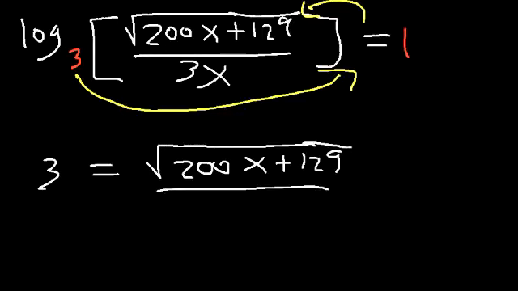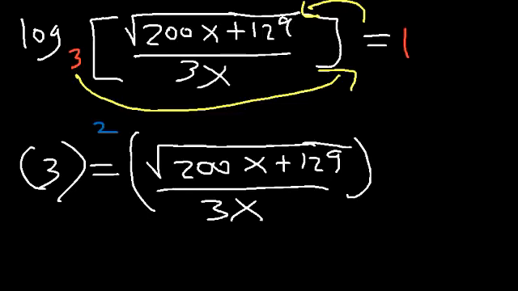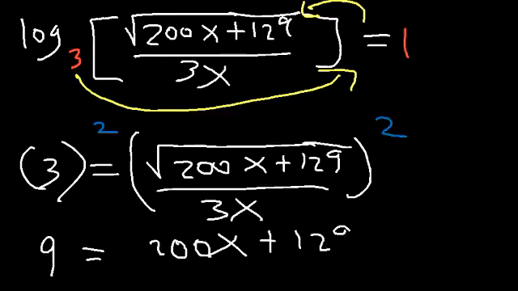So to get rid of the square root, let's square both sides. Let's raise it to the second power. Three squared is 9, and the square root of something squared is just whatever that something is on the inside. 3x squared is going to be 9x squared.